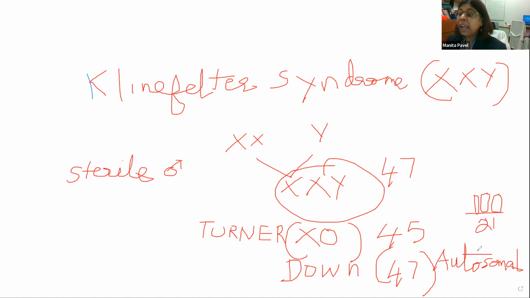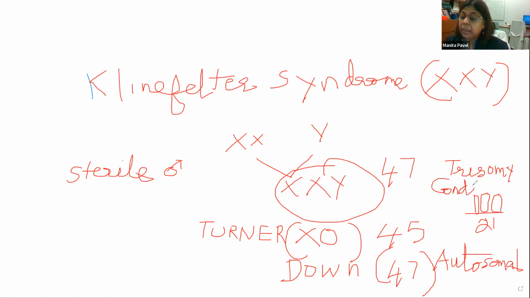Now, why do they have this extra chromosome? Because they have 3 chromosomes, the condition is referred to as trisomy. Trisomy is the condition.